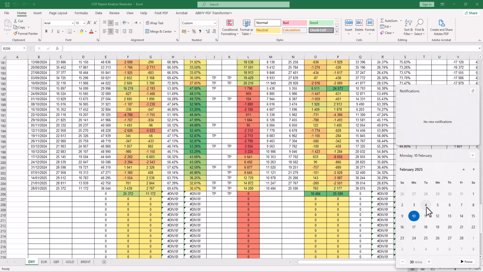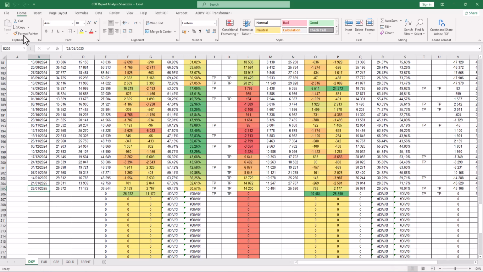For those of you who are not familiar with the COT report, this is a report published by the CFTC every Friday at 9:30 our time here in South Africa. But the report data is actually from the Tuesday prior to the Friday.